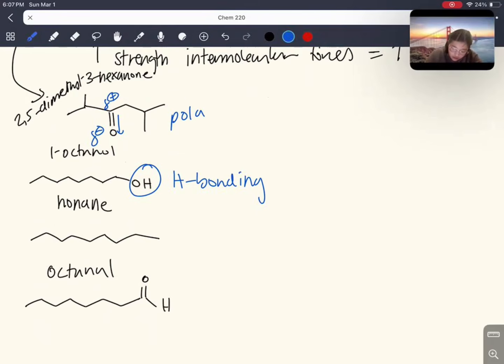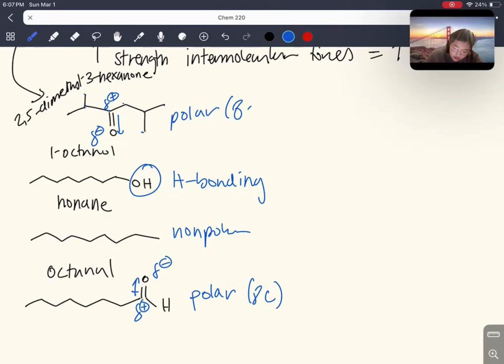This molecule is non-polar. And then octanal also has the carbonyl carbon, so it is also polar. So octanol has 8 carbons, and if I count how many carbons the first molecule has, 1, 2, 3, 4, 5, 6, 7, 8, it also has 8 carbons.